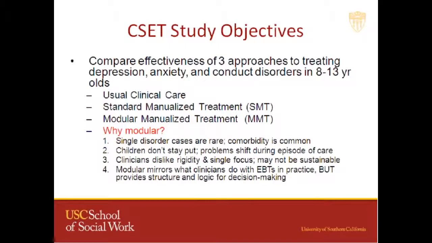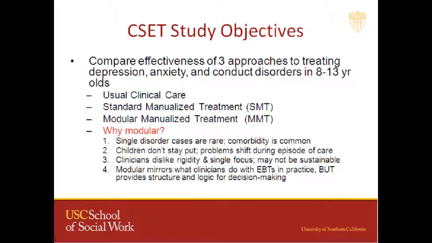So the three approaches were usual clinical care, what people are doing currently; a standard approach to using evidence-based practices that takes a manual and basically goes through that manual from start to finish in the order that's presented in the manual itself.